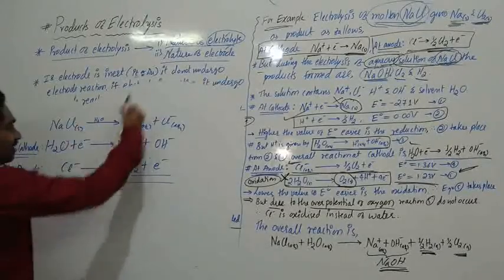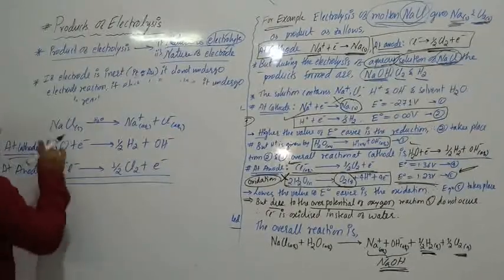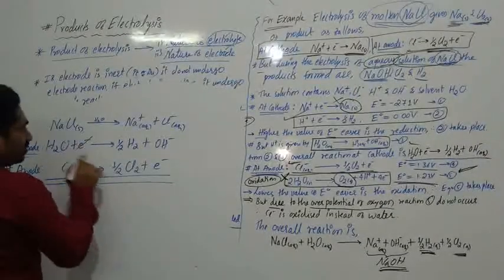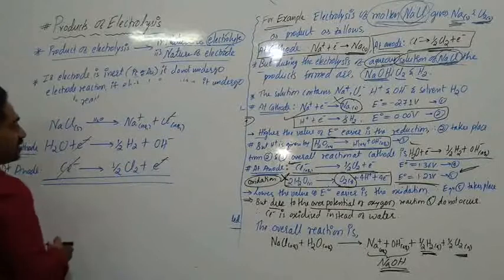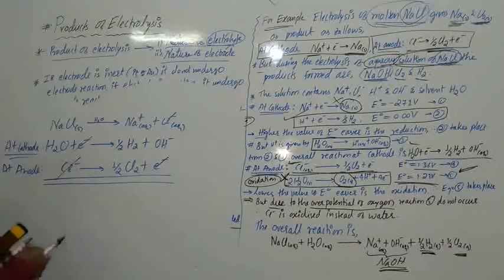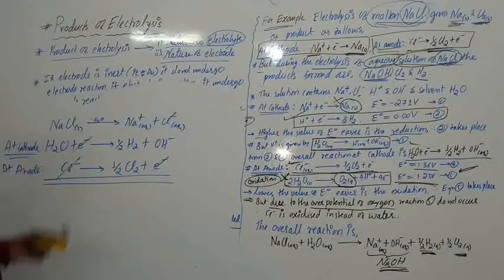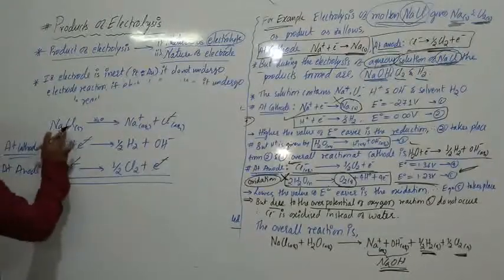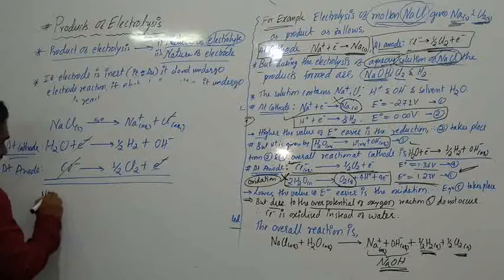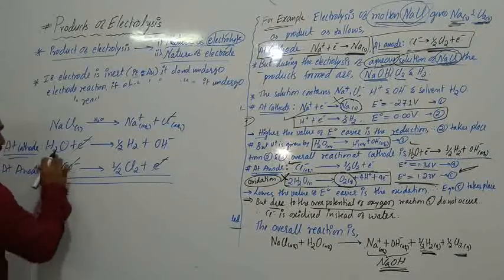Now what we can do is cancel out the common terms present on the reactant side and product side. Electron is here, electron is cancelled out. Cl- is here, Cl- is also cancelled out. So what are the possible remaining things present in this equation? On the reactant side NaCl is remaining plus water.